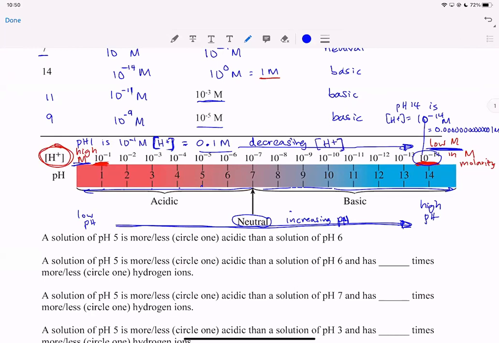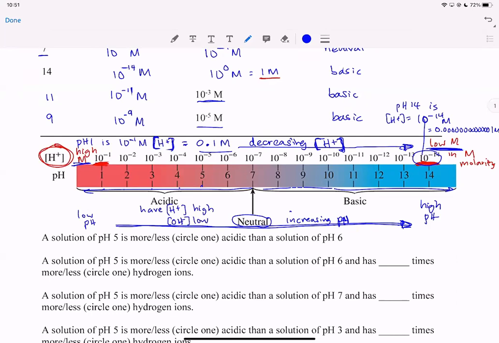So decreasing H+ in brackets. Okay, and so that means that acidic solutions have a high hydrogen ion concentration, and they have a low hydroxide ion concentration. Remember, those are related.